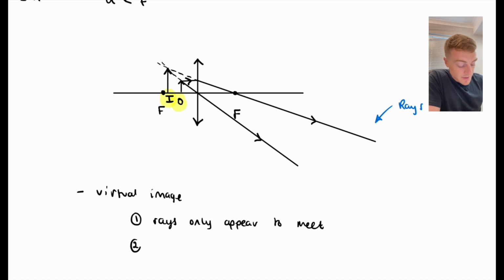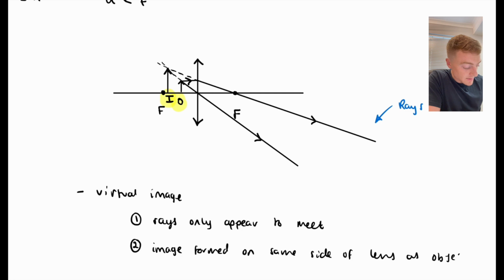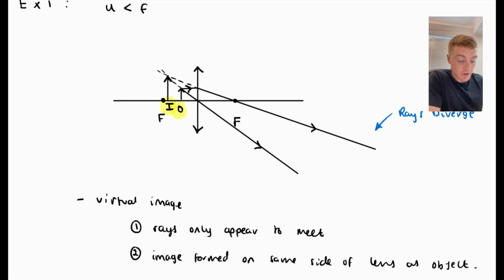But we could also tell that it's a virtual image because the image is formed on the same side of the lens as the object. Now, as you do more and more ray tracing examples, this will become clear. It's just a pattern.